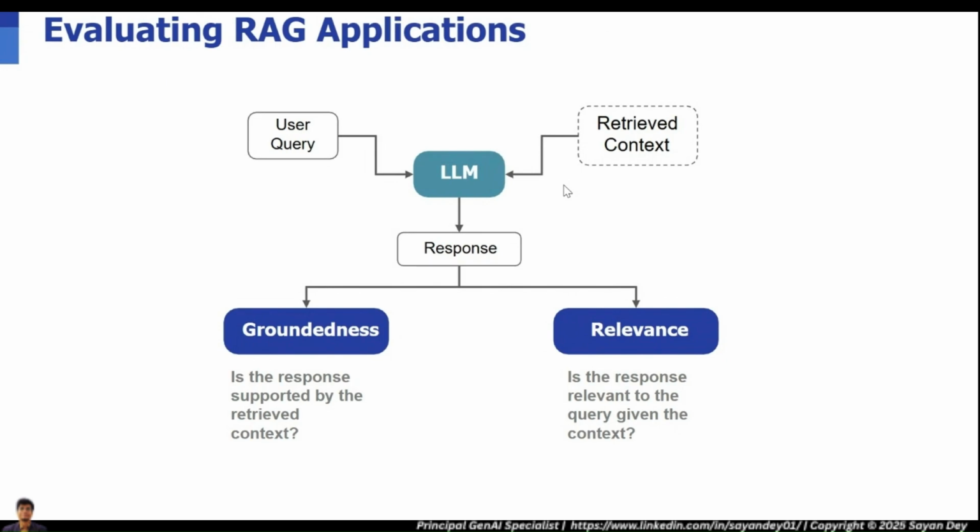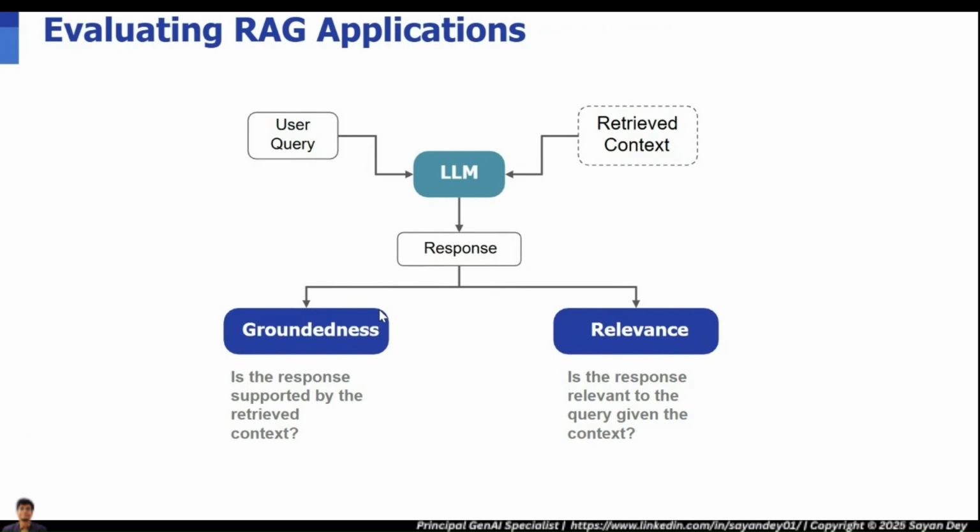So here we will use a judge model. There is no ground truth that we have here. We will use a judge model to evaluate this particular system. So the judge model is what will ultimately be used. So what is groundedness? Groundedness means, is the response supported by the retrieved context?